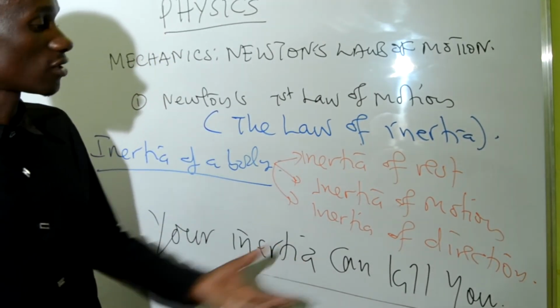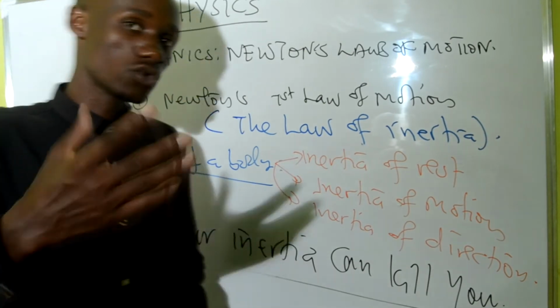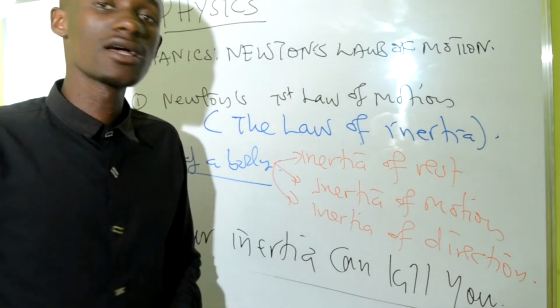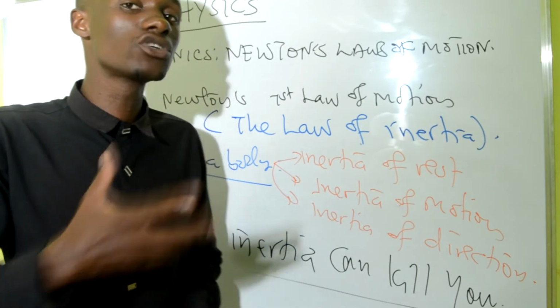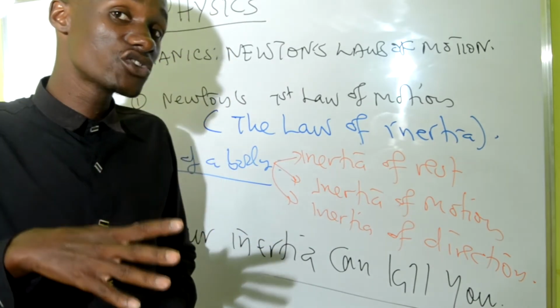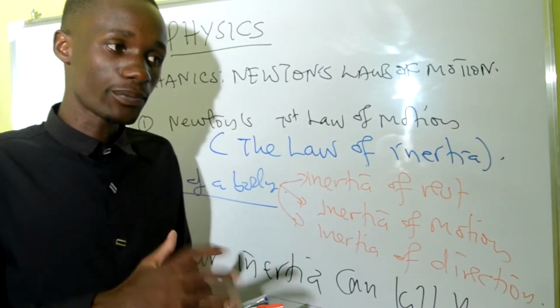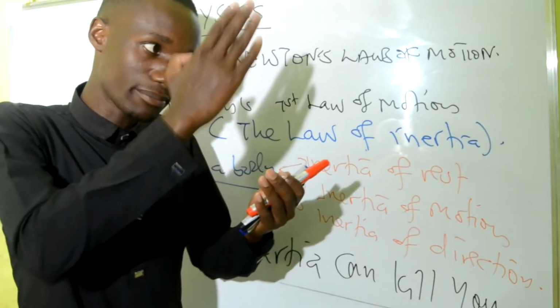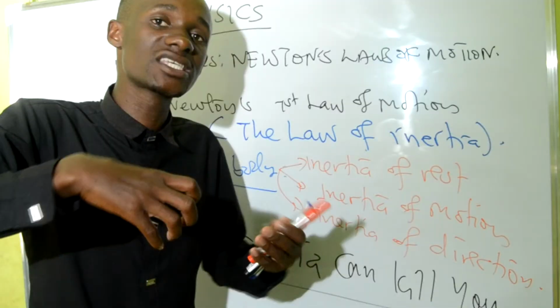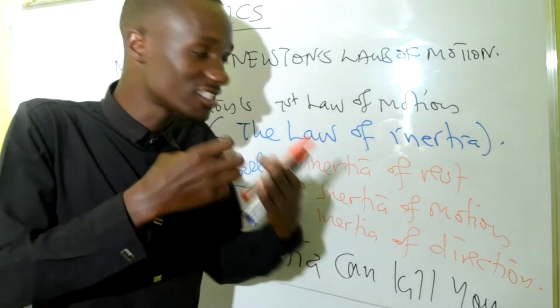Another example, or another phenomenon which obeys Newton's first law of motion, is when we shake the branch of a mango tree, mangoes fall down. Why? Because of inertia. When we shake the branch of the mango tree, we set the branches in motion, while the mangoes try to resist the changes.